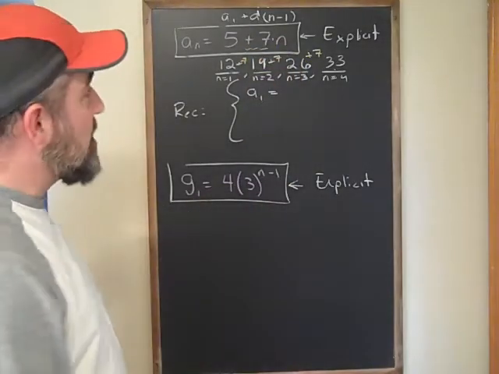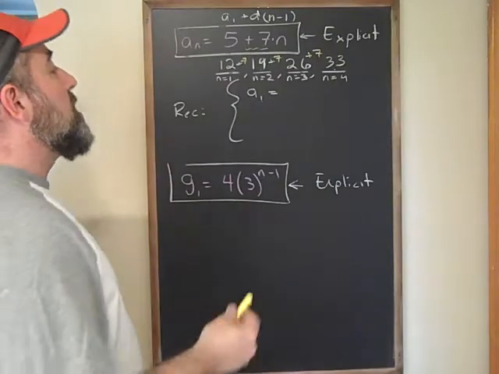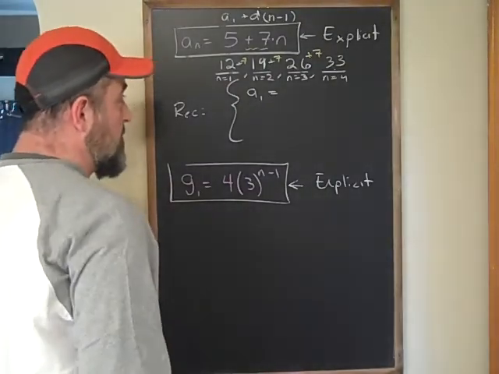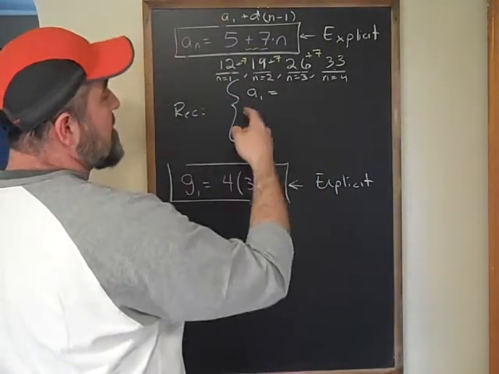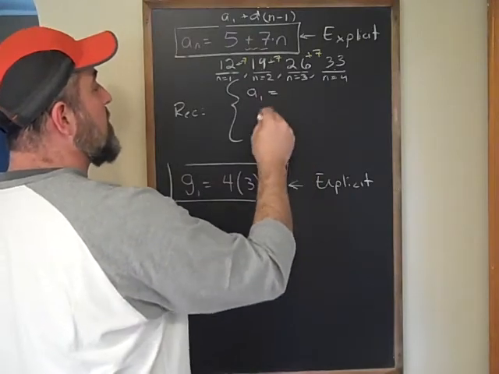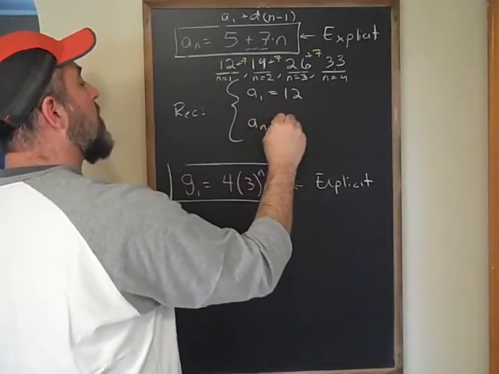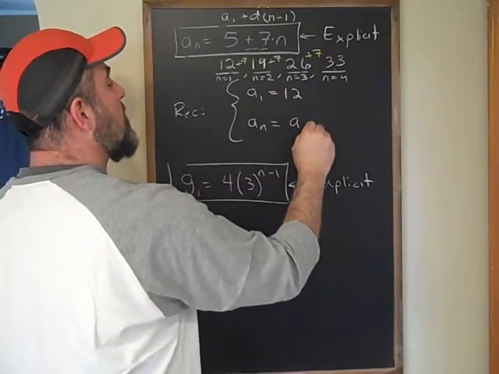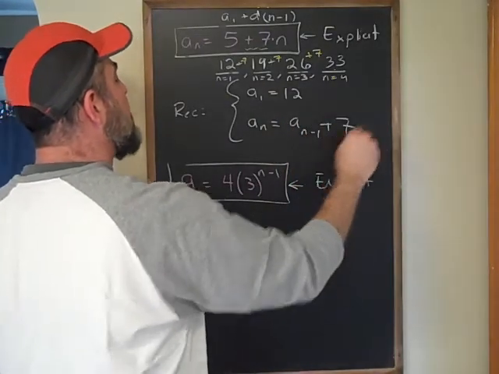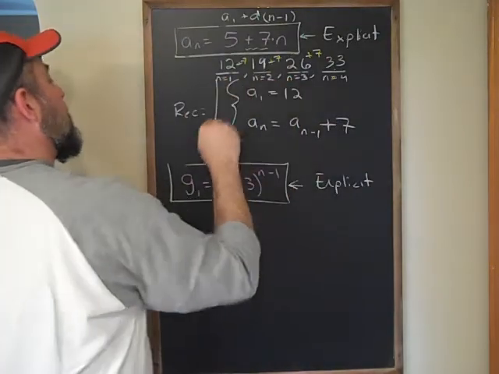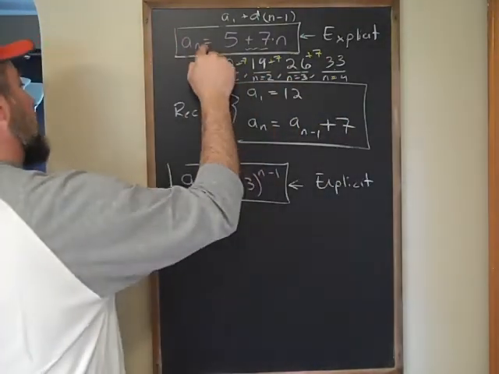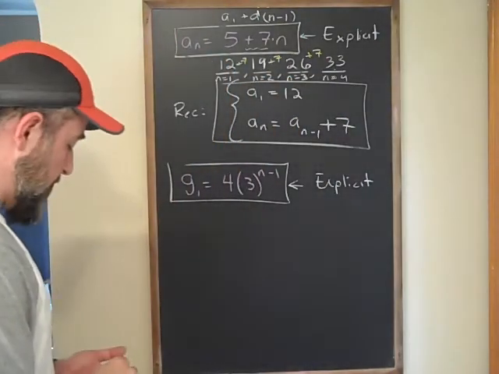And you are correct. So let's write the formula for this sequence. Now that we see the sequence and we understand how it's being built, we can say the first term is 12, and we can say the new term is the previous term plus 7. Right there. There's your recursive formula for that given formula for a sequence.